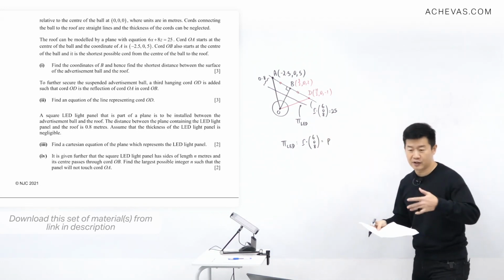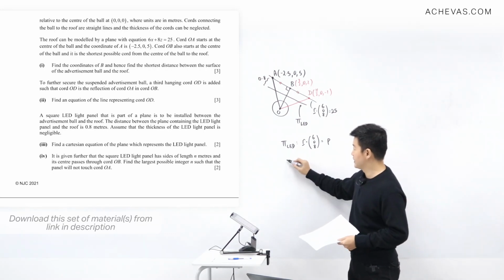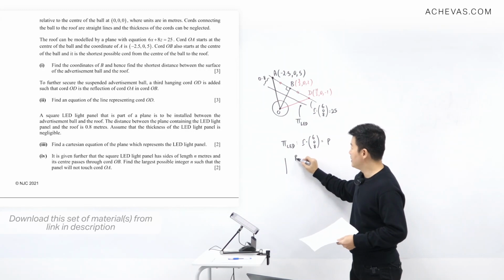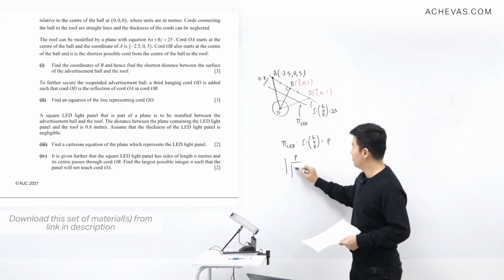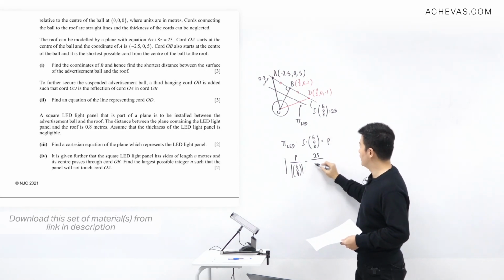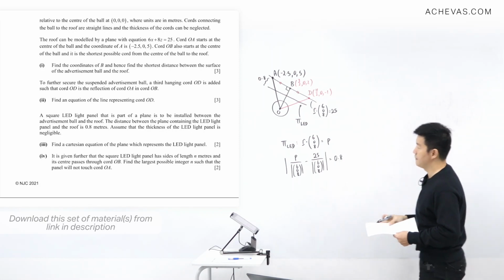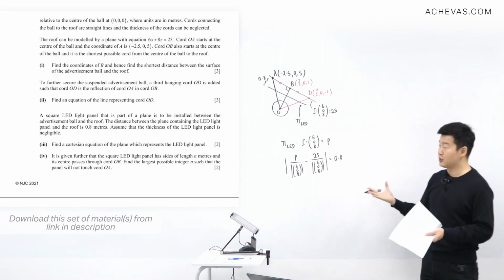Then making use of the formula for the distance between two planes, it is going to be modulus of P over modulus of (6,0,8), minus 25 over modulus of (6,0,8). This is going to be equal to this distance here, 0.8. So with this, I should be able to solve for P.